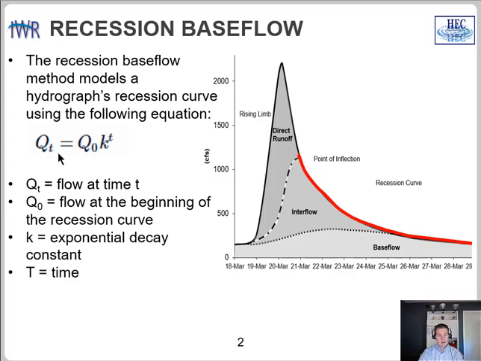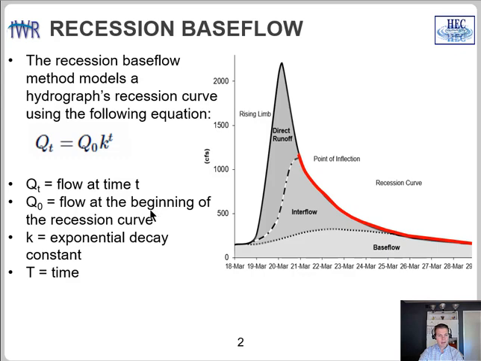That flow is then multiplied by an exponential decay constant. This is a parameter that you would have to define within the user interface. That exponential decay constant is raised to a power based on the time. So what time in the future is it?